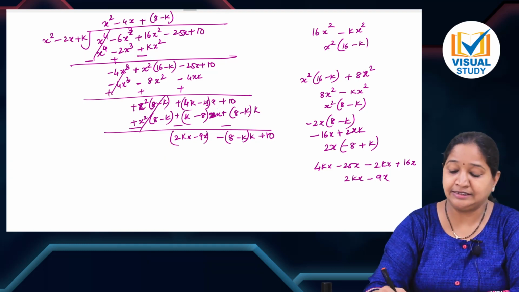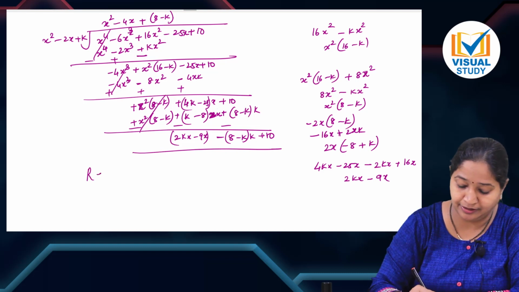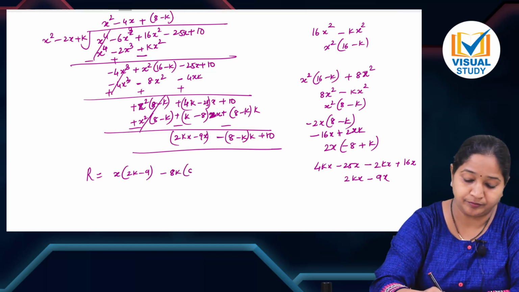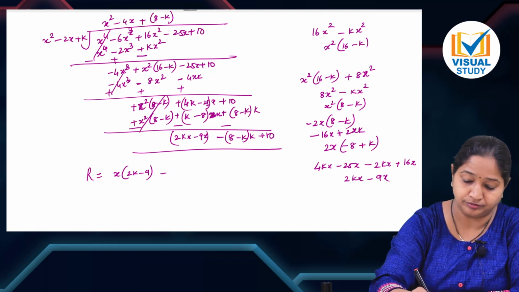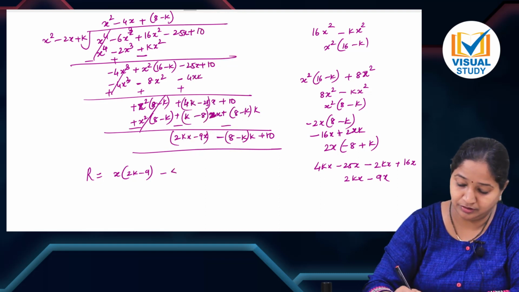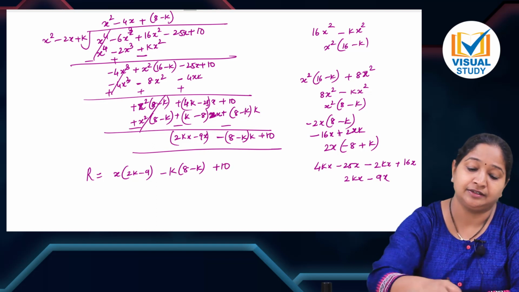This as it is you are going to write. So what is the remainder now? The remainder is x into 2k minus 9, minus k into 8 minus k plus 10.